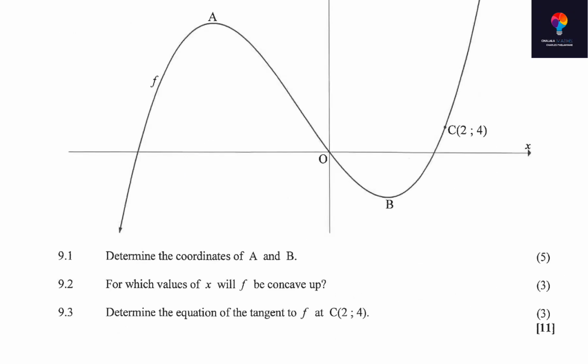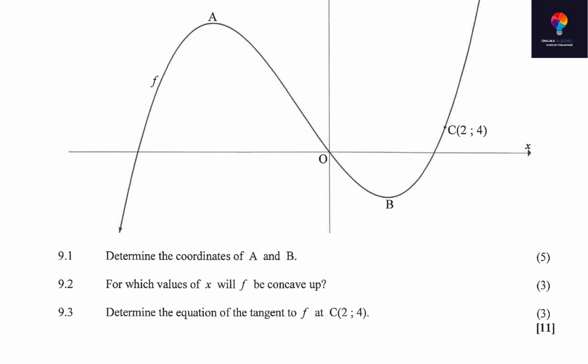For question 9.2, the question says, for which values of x will f be concave up? In this case, we just have to get the point of inflection. The point of inflection, we get it by getting the average of the two x coordinates of two turning points.